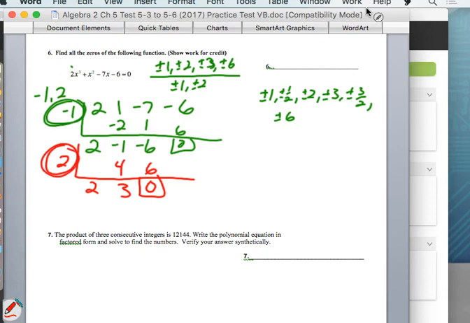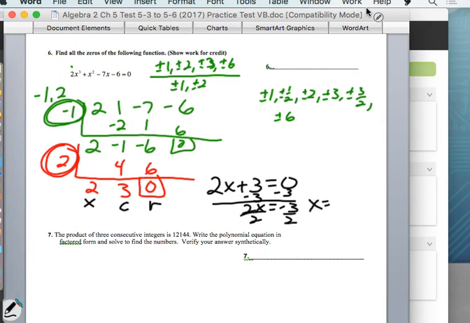Now, the last one we will get from reading off what we have for remainder, constant, and x. We have 2x plus 3, and we need to find that remaining 0. So we would subtract 3 from both sides. 2x will equal -3. Divide both sides by 2, and x will equal -3/2.